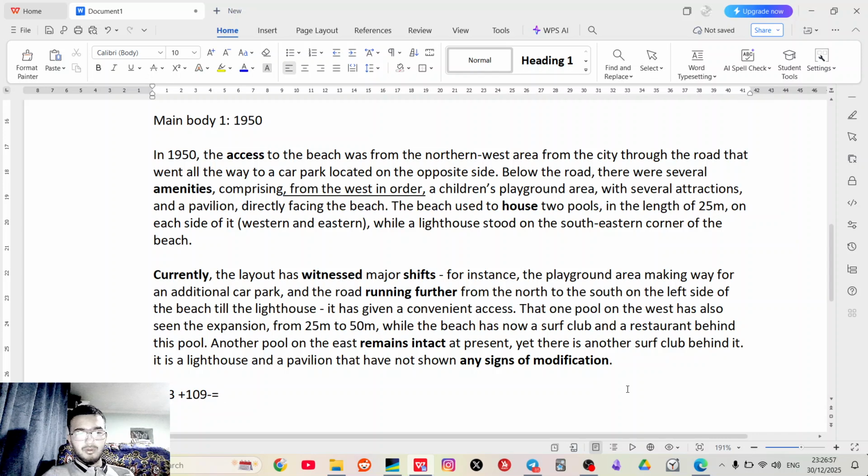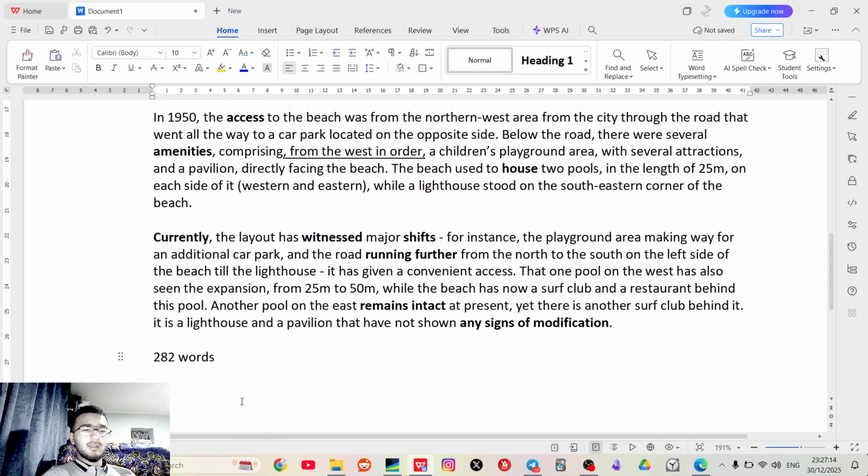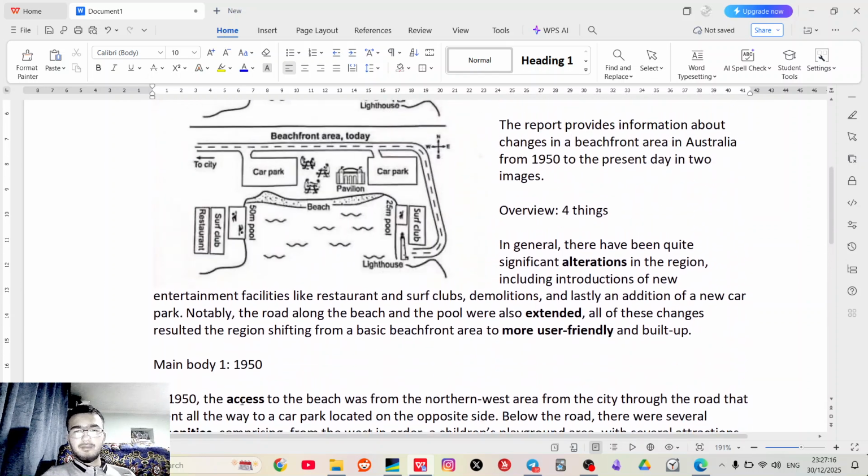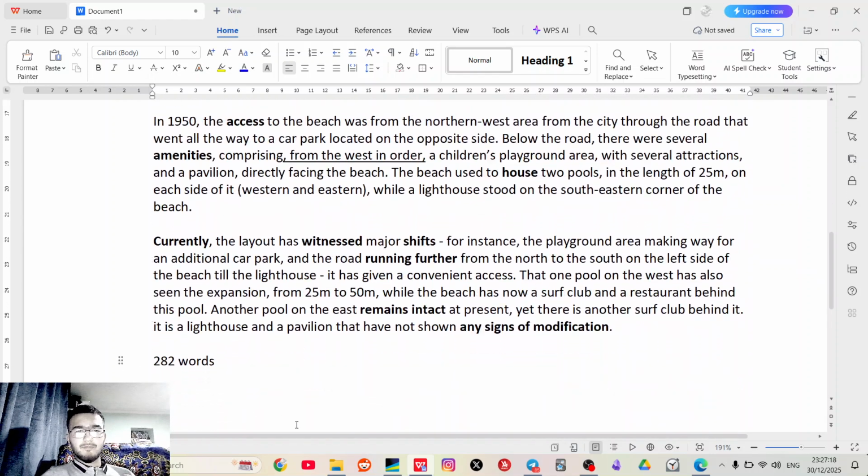So that's all going to be how many words? 282 words, right? I'm not really that good at math, but 282 words. And that's really good.